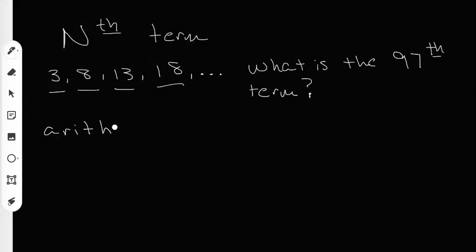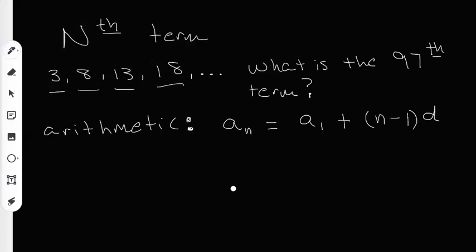It's the arithmetic nth term formula. So if you have an arithmetic sequence, what you're going to be using is this formula right here. It's going to be AN equals, and remember AN stands for nth term. It's going to be equal to the first term plus n minus 1 times d. And that n minus 1 has to be in parentheses or it's not going to work.